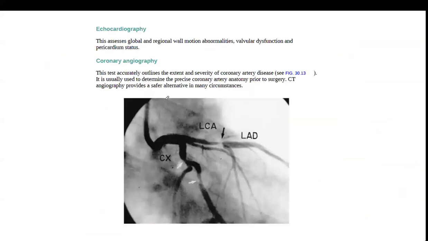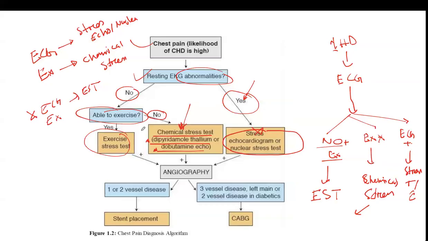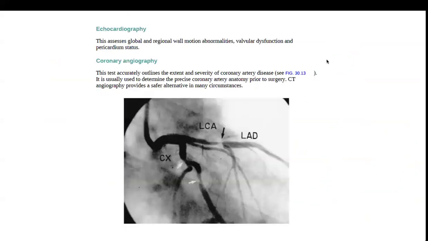All right. Now, let's say there are some patients where you will get a positive finding. So let's say someone's exercise stress test or chemical stress test came back positive. Any of these being positive means they have ischemic heart disease, which means they have some kind of blockage in their heart. To find out how much blockage there is or where exactly the block is, we do a coronary angiogram.